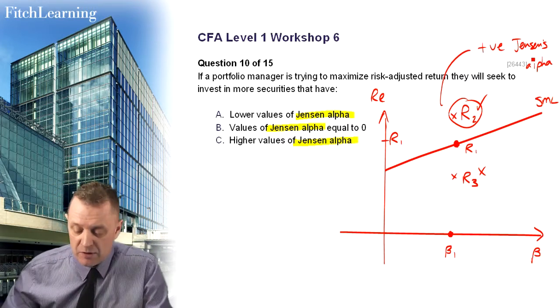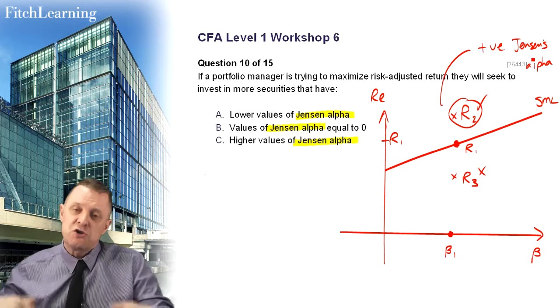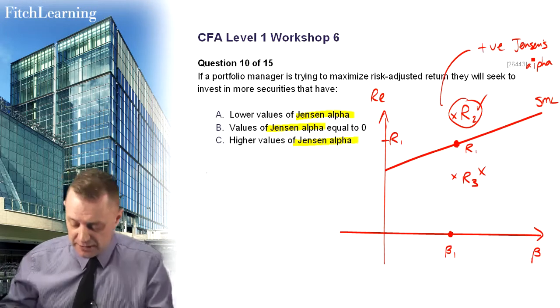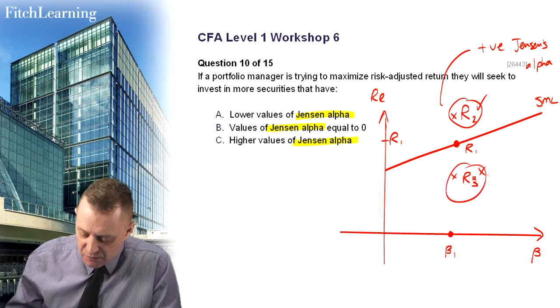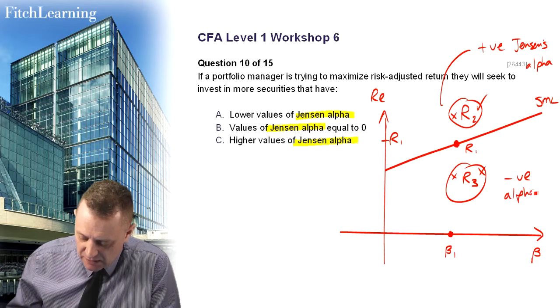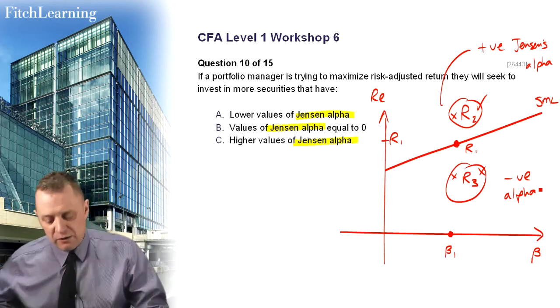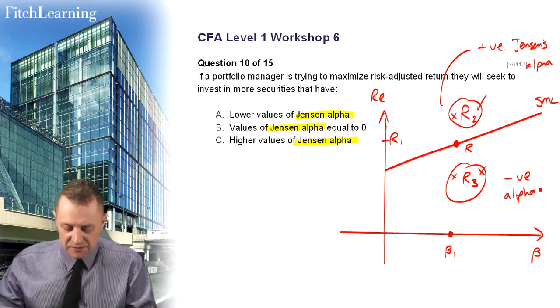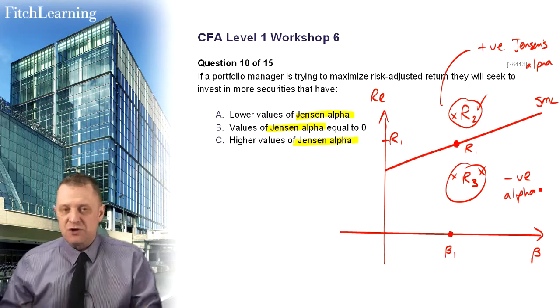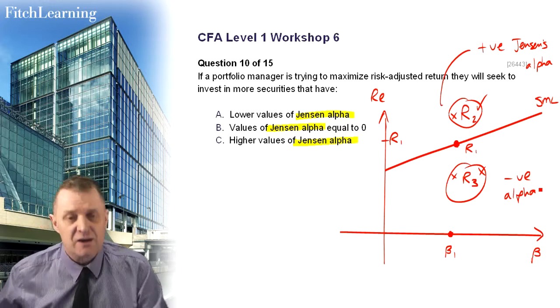That's what we're actually looking for here. We're looking for the securities that sit above the securities market line. This one, R3, we say that one's got negative alpha. We don't particularly like that one. So if you're looking for positive alpha, you're looking for securities that sit above the securities market line, those that, to a certain extent, we think are mispriced.